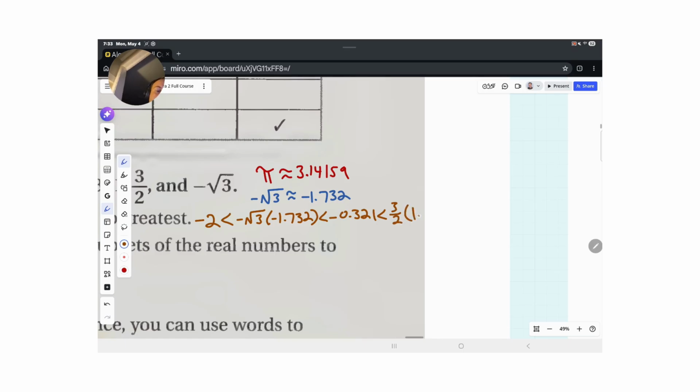By the way, that's about 1.5, right? Which is less than pi, which is approximately 3.14159.